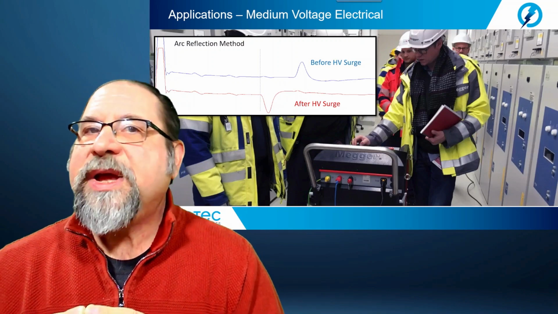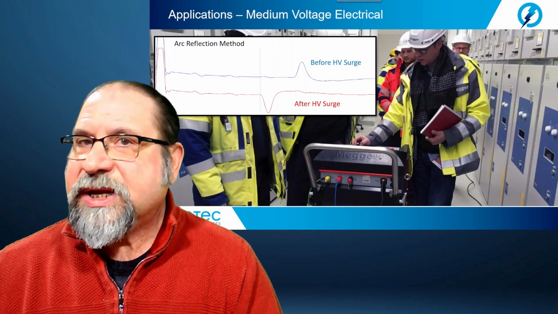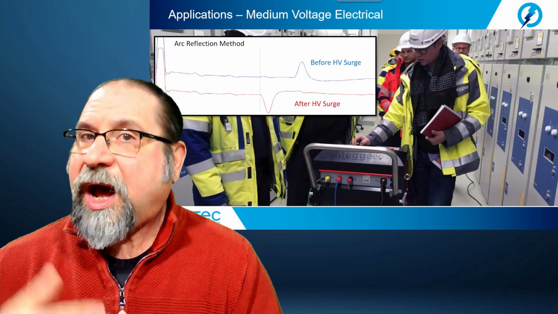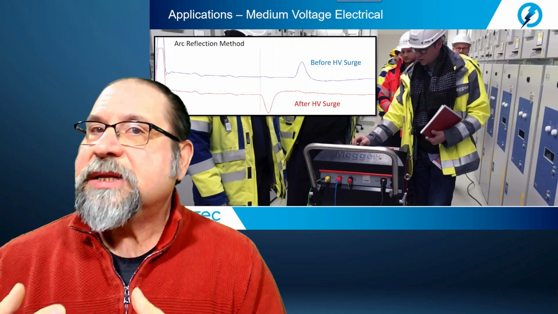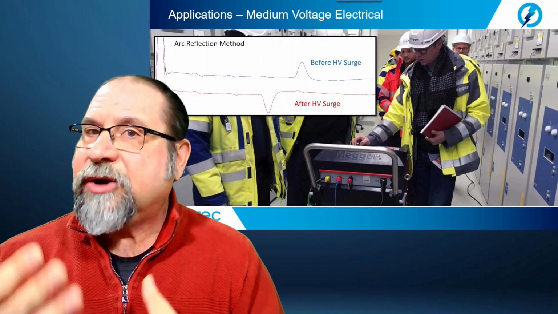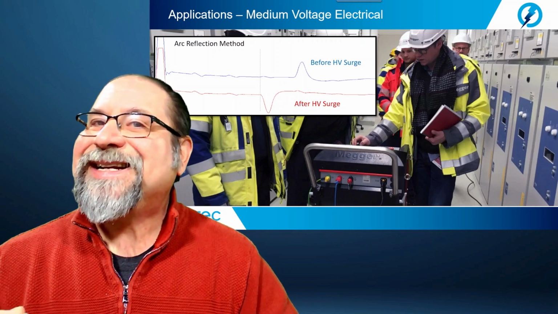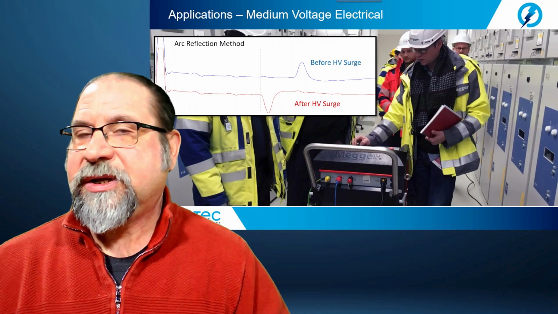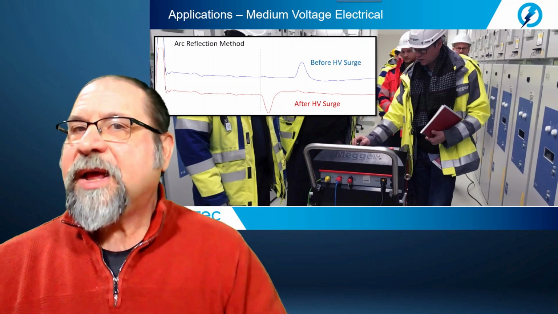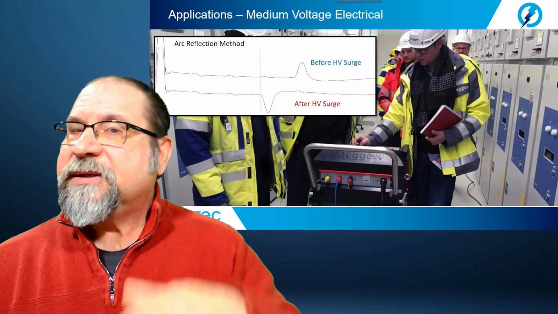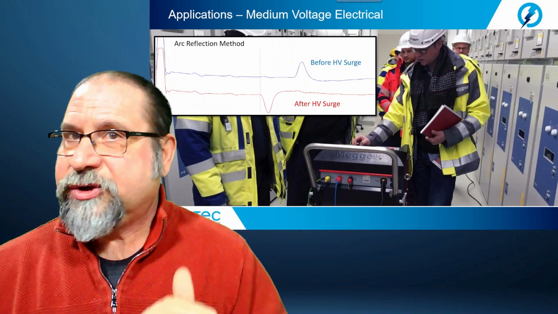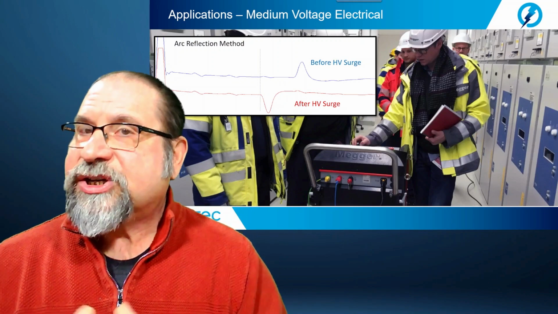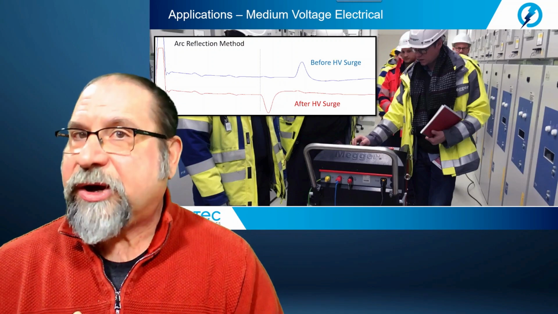When we're dealing with medium voltage electrical power cables, the nature of the failure might be very high in impedance. The TDR's low energy pulse does not detect enough of an impedance change to show us the defect. By coupling the TDR with the surge generator, the process is actually taking two patterns.